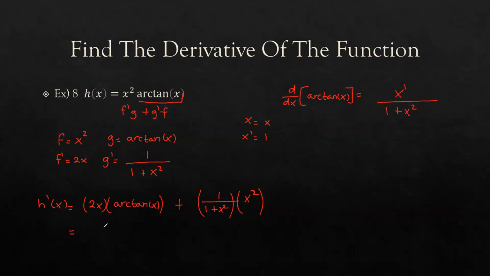So when you put it all together, you get 2x arc tan of x plus this times this, x squared over 1 plus x squared. Okay, that is your final answer. You don't have to simplify it, you could just leave it as this.